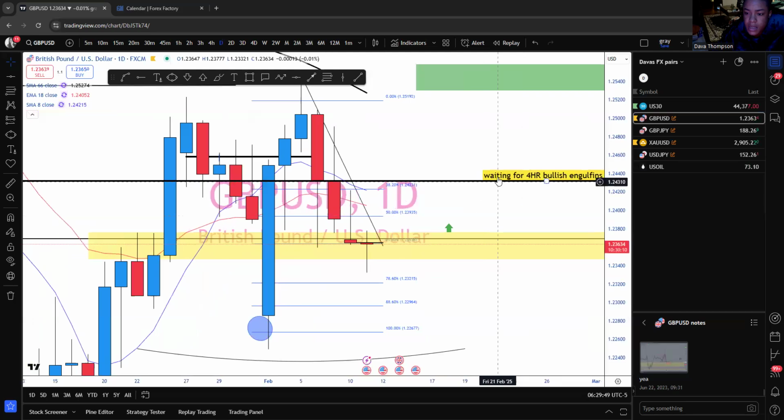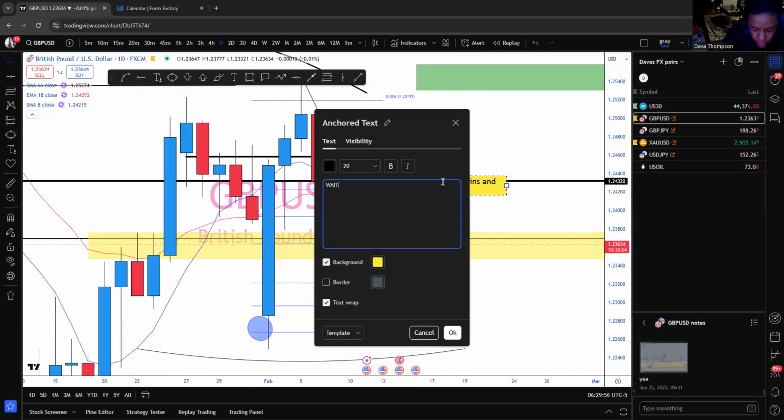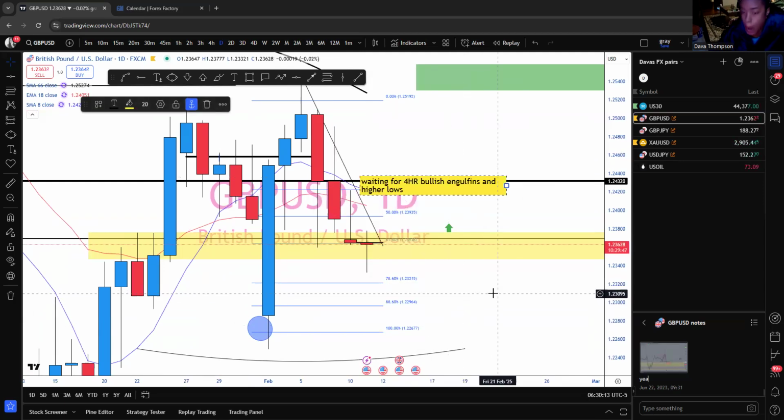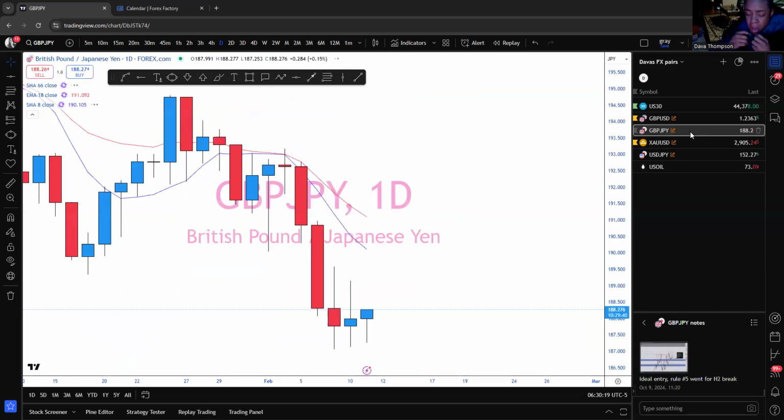The thing is, it's already got the 4 hour bullish engulfing variation, right?